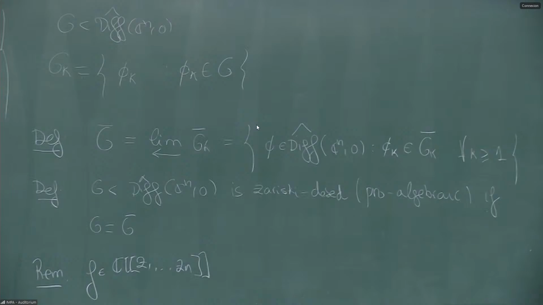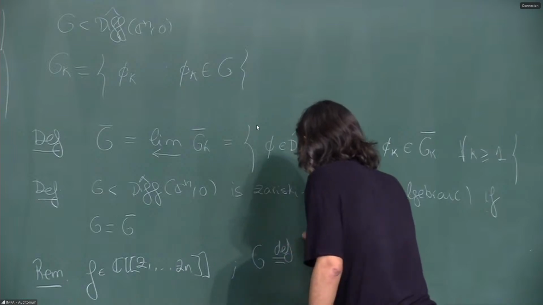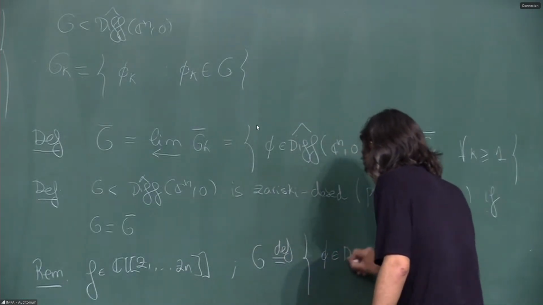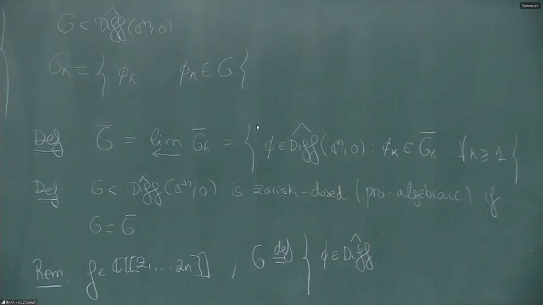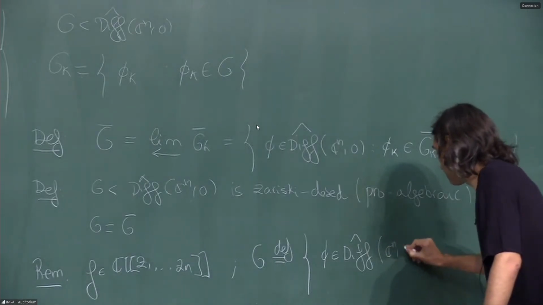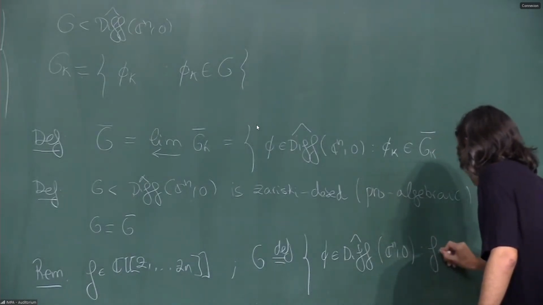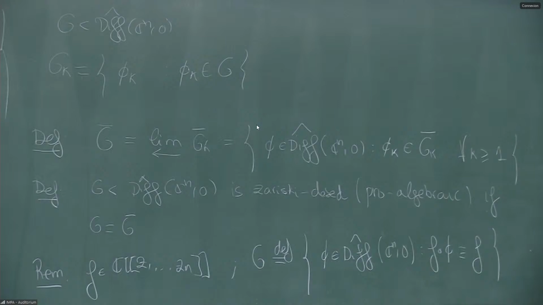And you define the following group, the group of formal diffeomorphisms. If the function is analytic, you can define the group of analytic diffeomorphisms that satisfy the condition that I'm going to write down, but working in the formal setting is a little bit easier. So that you have that phi preserves F. This defines a group. Well, that's pretty obvious.